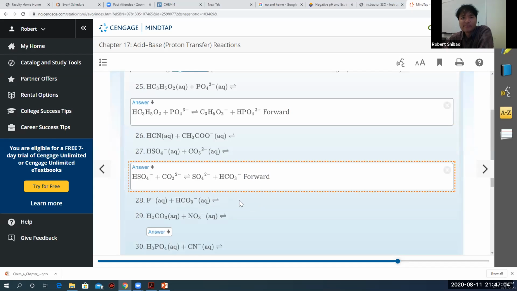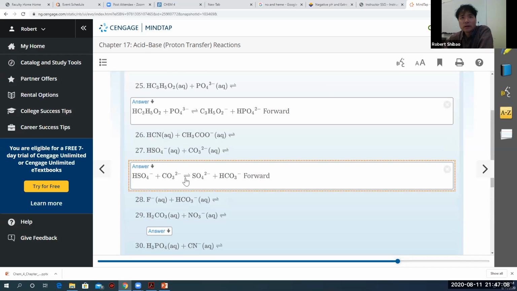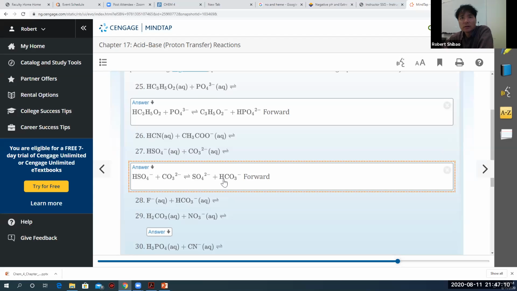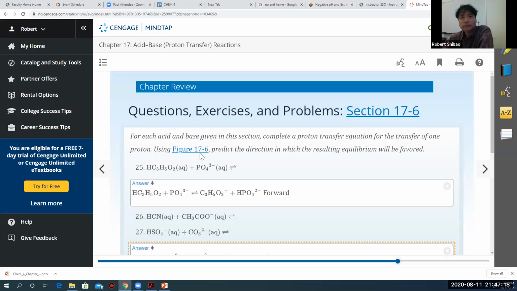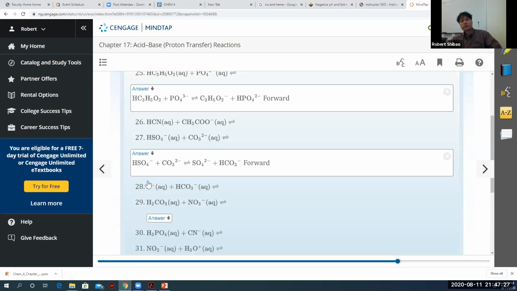So 4. Now we're only transferring 1 proton. If we transferred 1 more proton here, we could form carbonic acid, which would decompose into H2O and CO2. And so it depends. Here, they're telling us transfer 1 proton, not 2. And that's the same thing I said earlier when we were doing these.